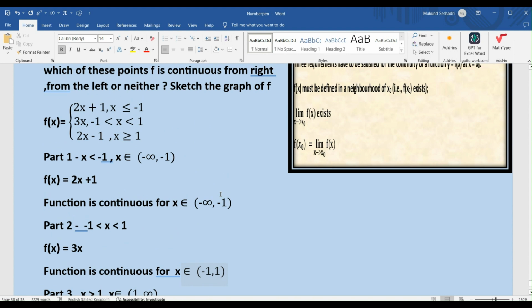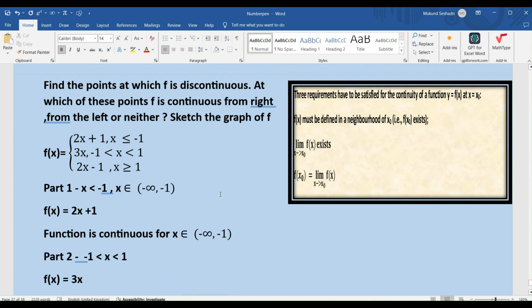At x equals minus 1, how do we examine continuity? Drawing your attention to what we have on the right of the screen, f of x must be defined in the neighborhood of x naught. In this case, x naught is minus 1, and f of x naught has to be equal to the limit as x tends to x naught of f of x, provided the limit exists.